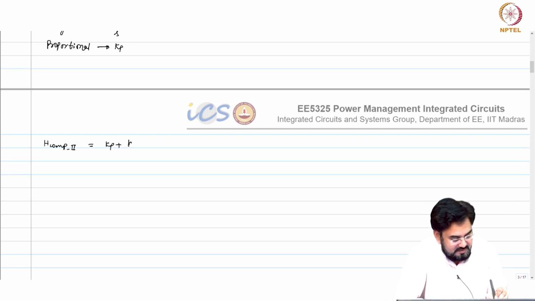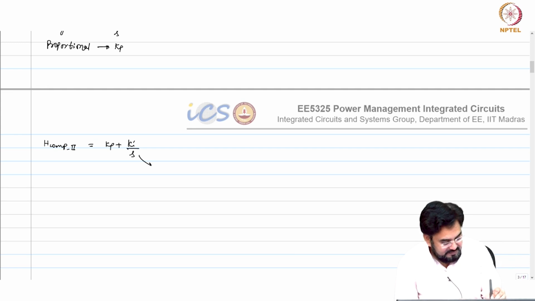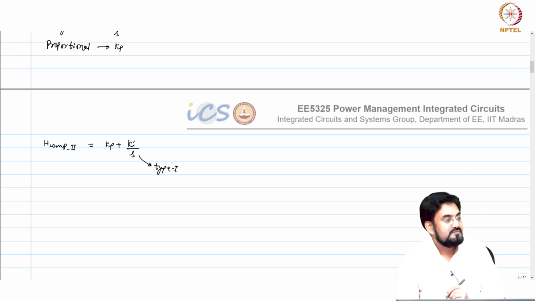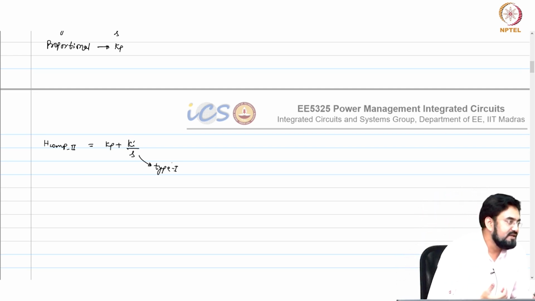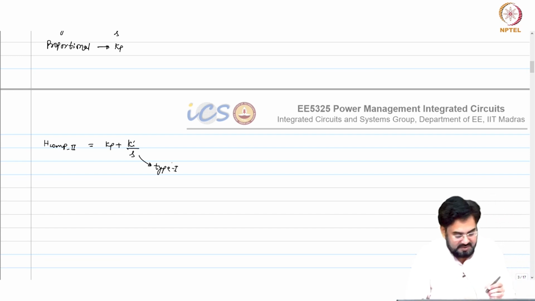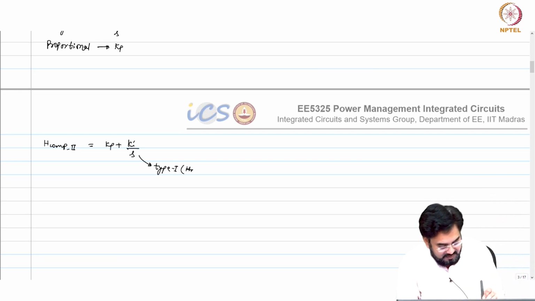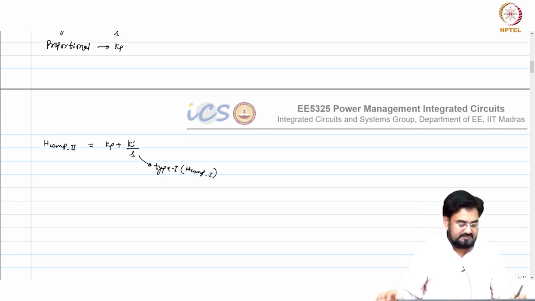Kp plus Ki over S. Okay, and what is this? This is nothing but type 1. This type 1 compensator. So all you did in the type 1 compensator, you added a proportional term, which is Kp, or I will call it H comp 1.